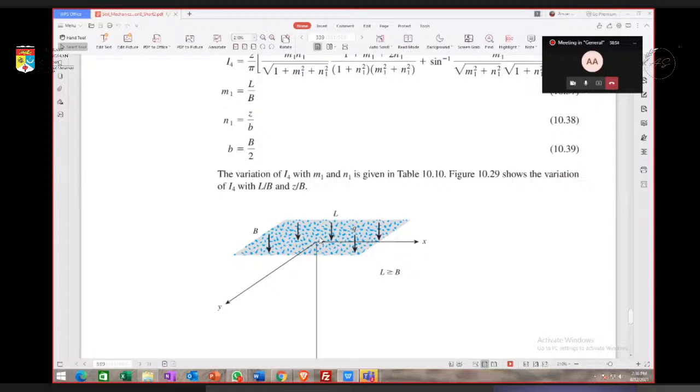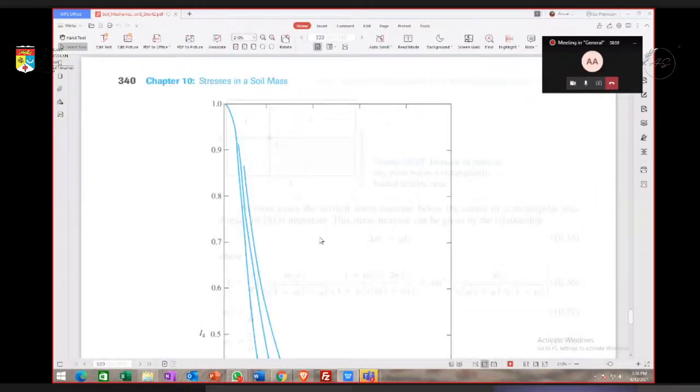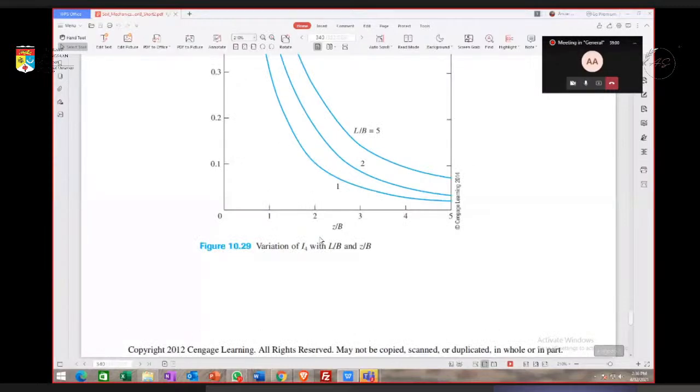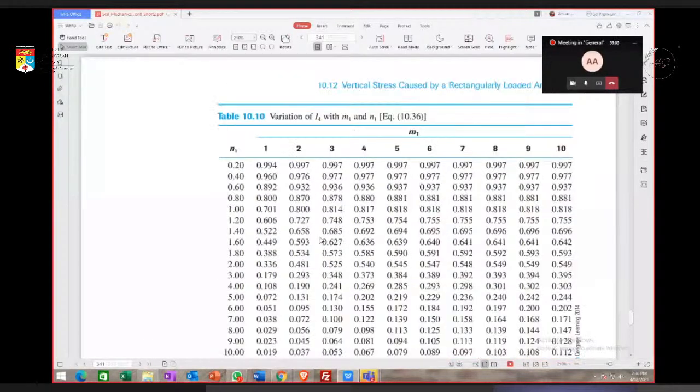Also for the reference at the center of the rectangle, a table is given to get the I4 with known m1 and n1.